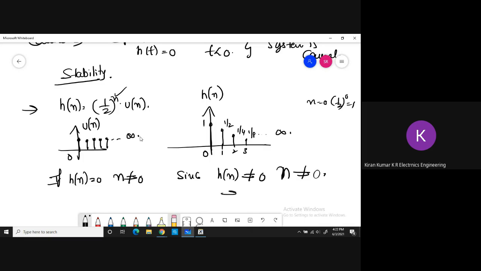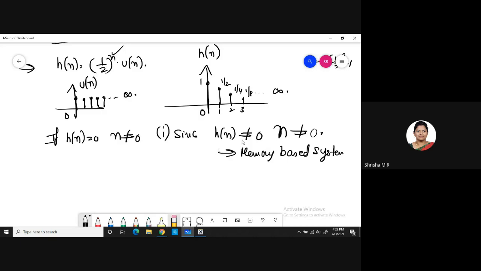It's a memory based system. The first classification is memory. It's not only existing at 0, it's existing from 0 to infinity. So for memoryless, h of n is 0 for n not equal to 0. Since h of n is not equal to 0 for n not equal to 0, it's a memory based system.